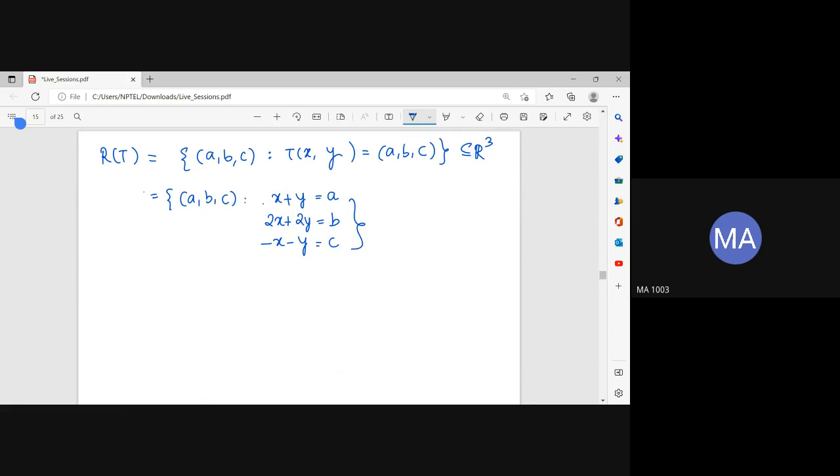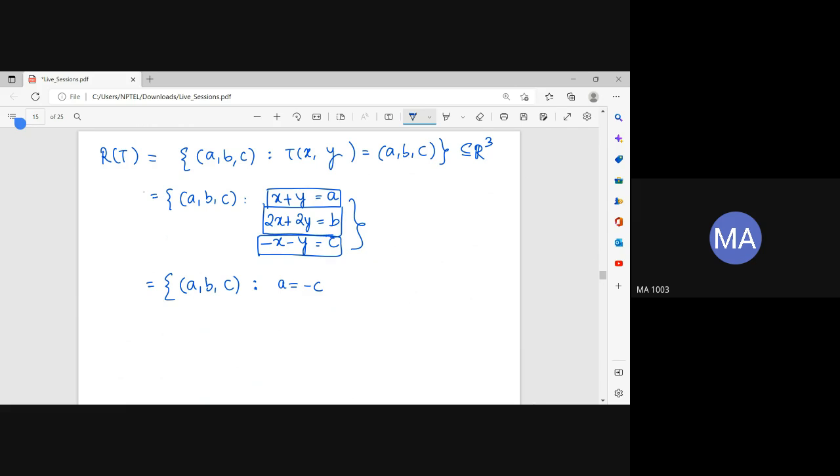From this, what can you tell? When will this system have a solution? When A is equal to minus C. What can you tell about the second equation?